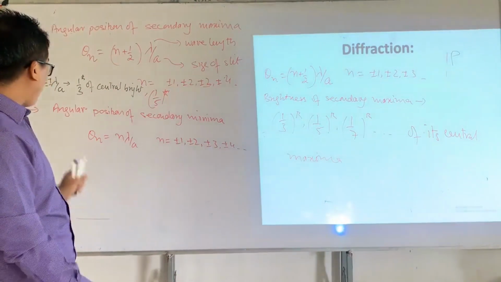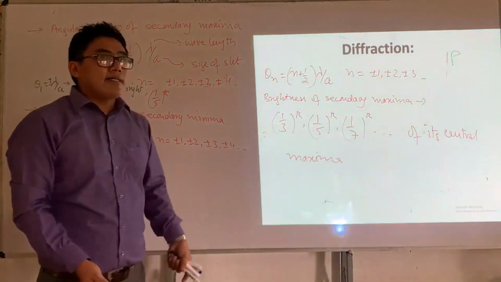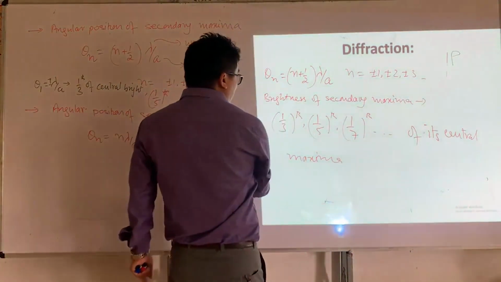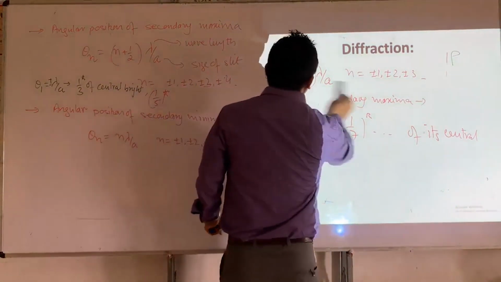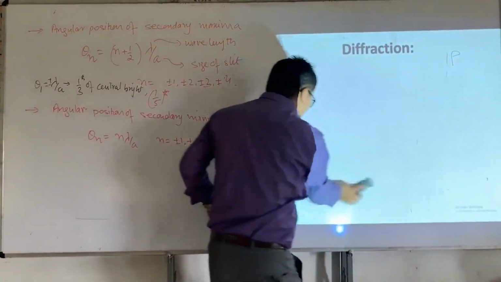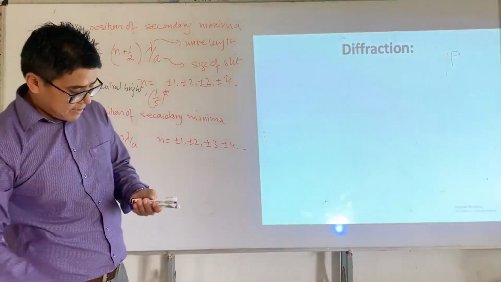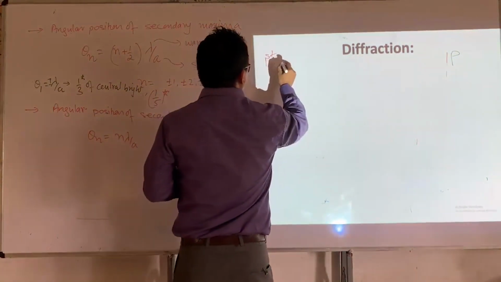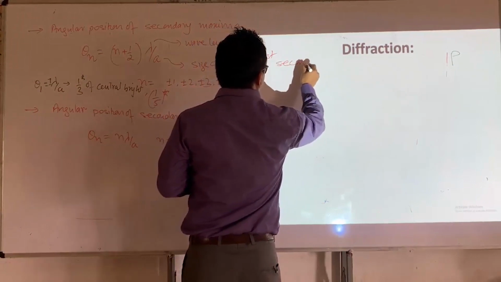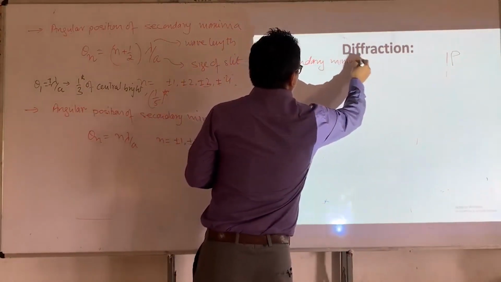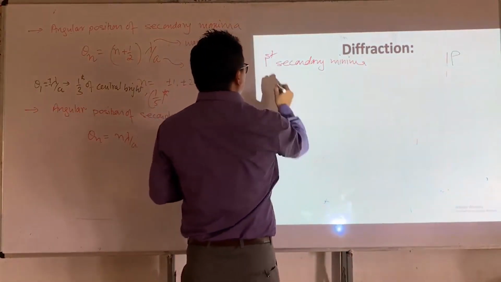Alright, now let's move to the position of secondary minima. So how to get the position of secondary minima? Again, I use the same concept. In case of the first secondary minima, I divide the slit into two halves.